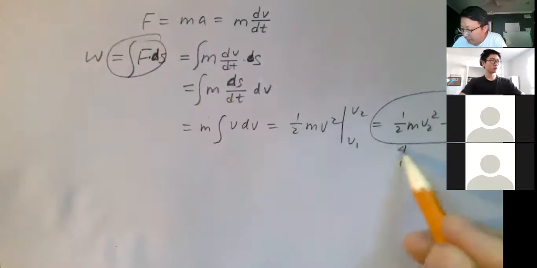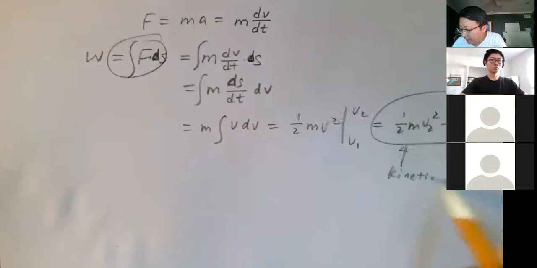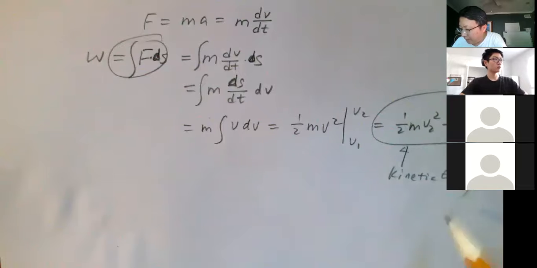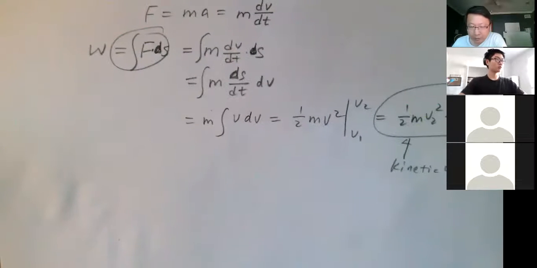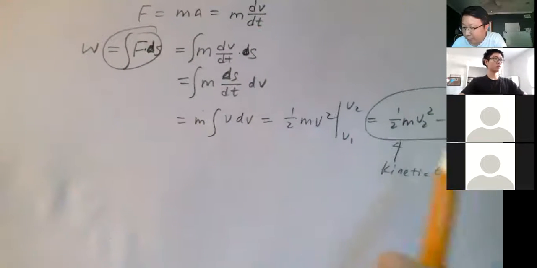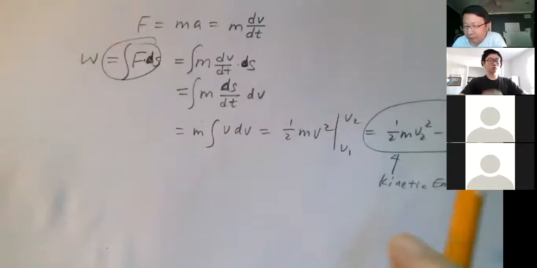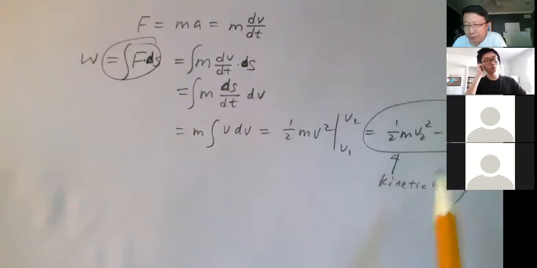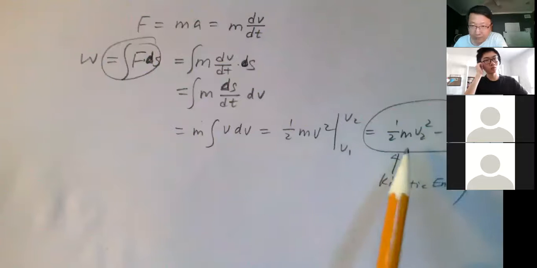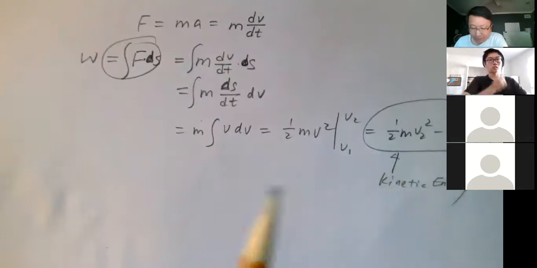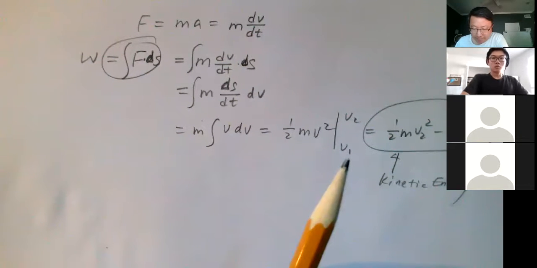This part is kinetic energy, that's what you learn in school. Of course, I forgot how you guys were taught in high school about this formula, but this is the right place to understand why it is 1/2 mv squared.